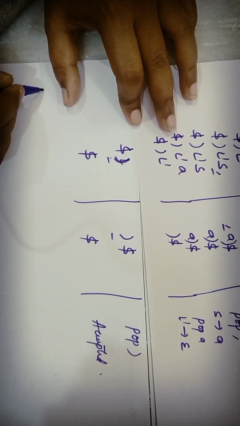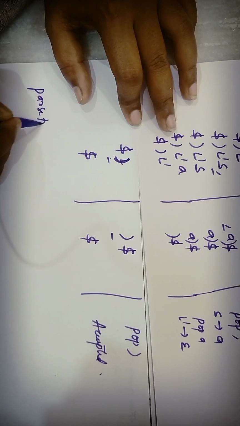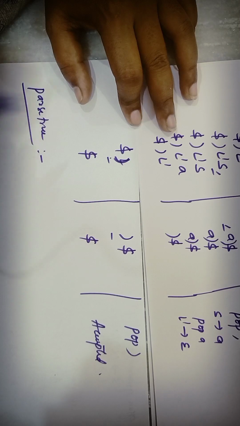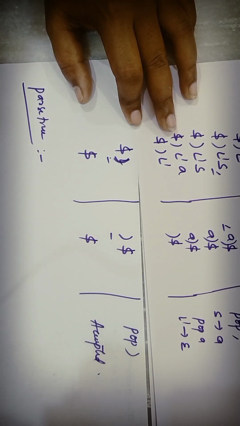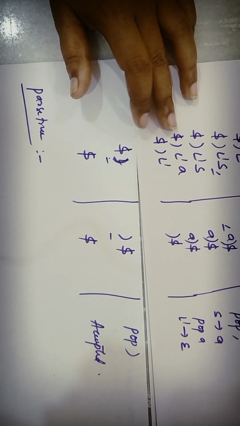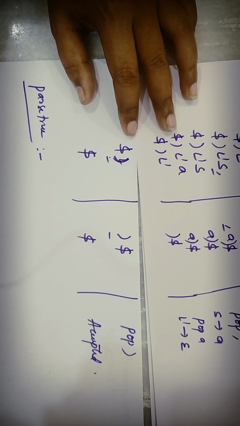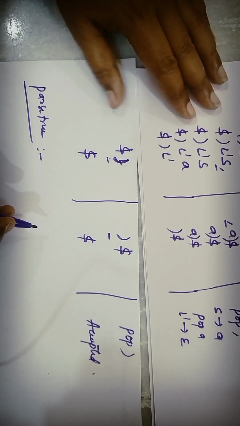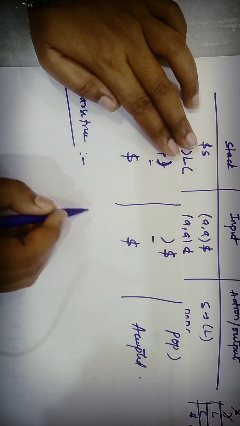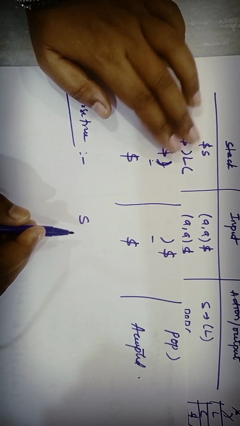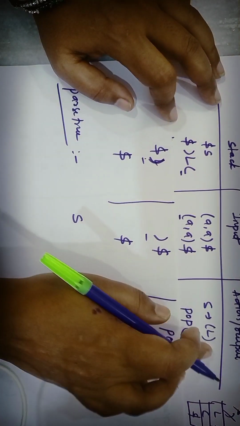Okay, so from this we have to draw the parse tree. So like this we have to parse the input string. From top to bottom we have to see, and by using that we are going to draw the parse tree. What is the first symbol we have taken in the stack? And after that, which production we have substituted?